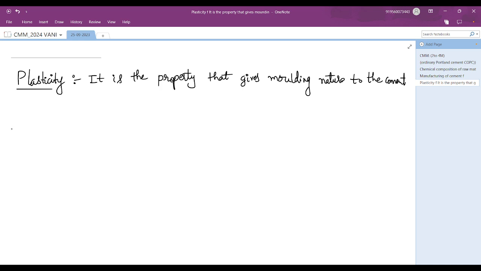Next, as I already explained about the unsoundness, so I will not repeat it. Setting. It is the loss of plasticity.